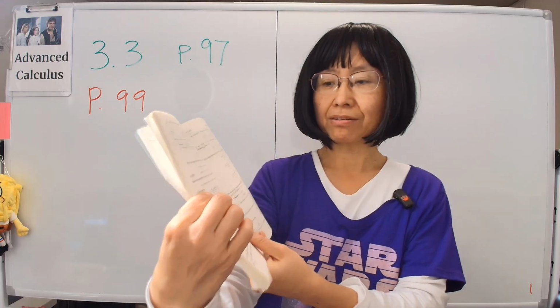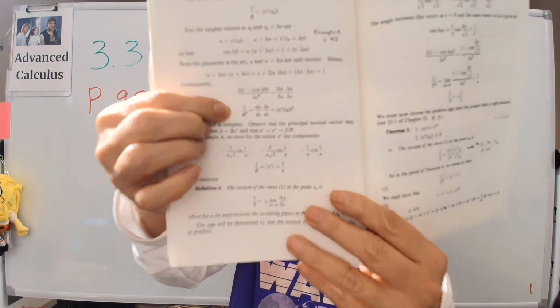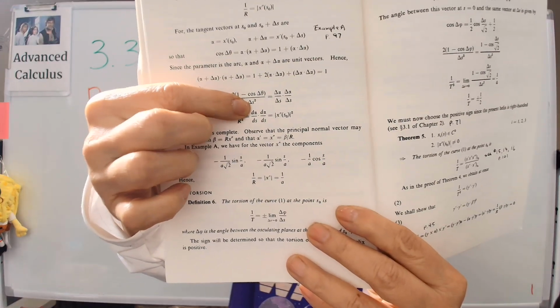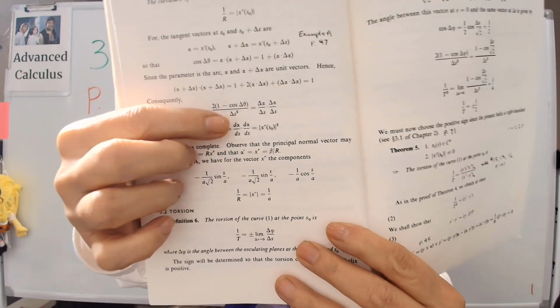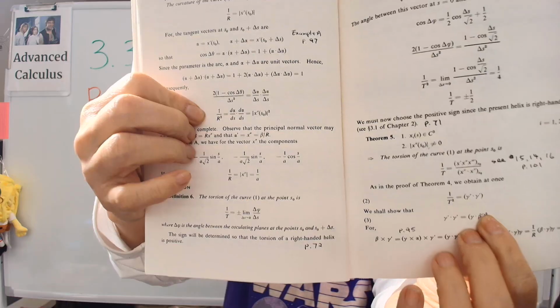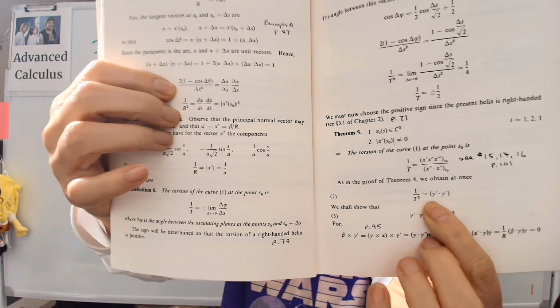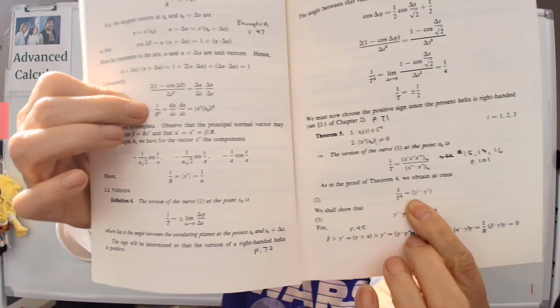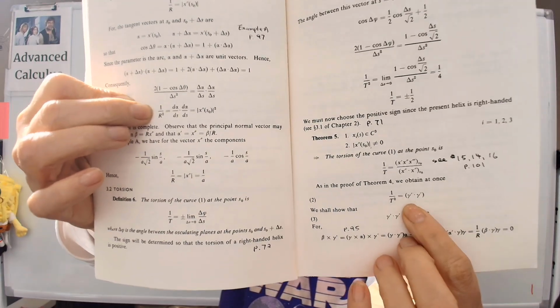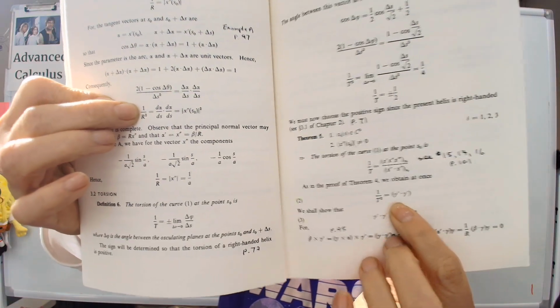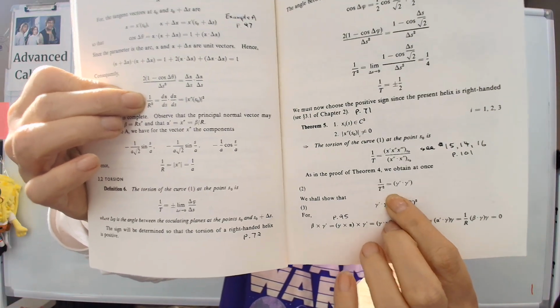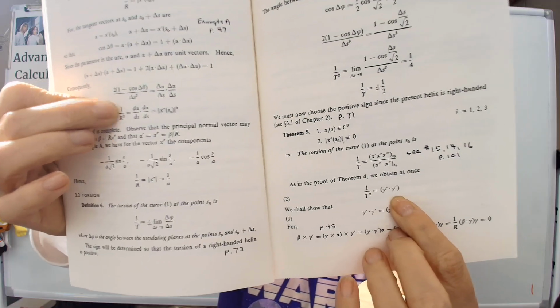As we have calculated before, 1 over r squared is d alpha by ds dot itself. The vector there was alpha, the vector here is gamma, but otherwise there's no difference. So that's why 1 over t squared is equal to gamma prime dot gamma prime.